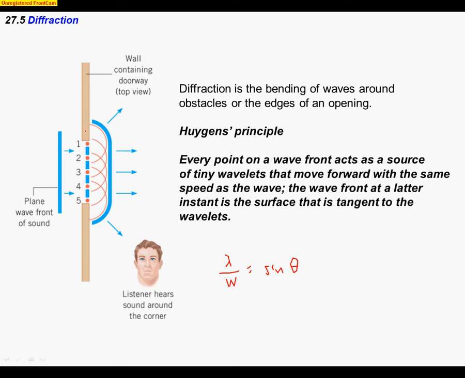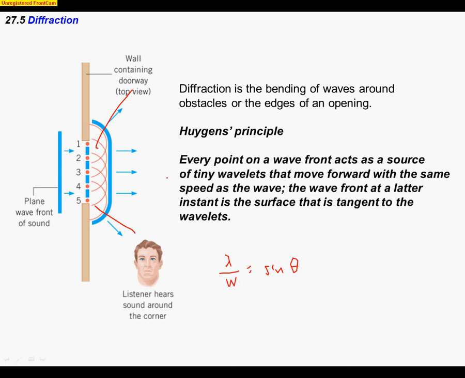So if this point produces spheres, and this point here produces spheres around it, and so on, you get all these spherical waveforms spreading out, and that causes a pattern of spreading like this. You get a cone-shaped spreading of the wave. These are called Huygens wavelets.